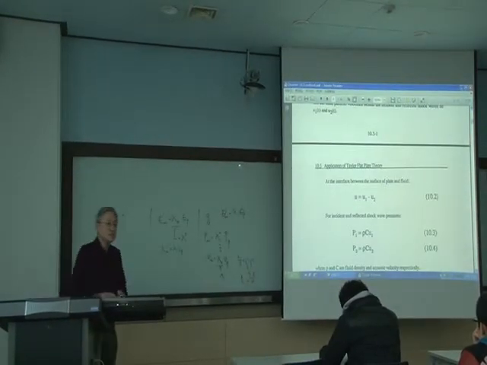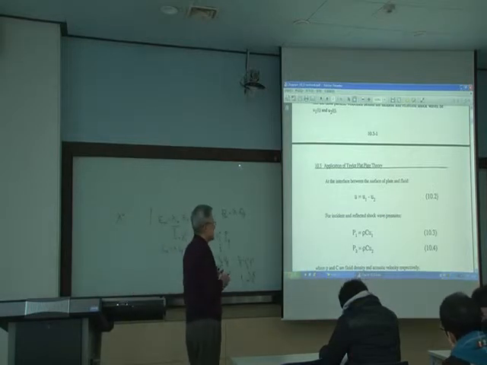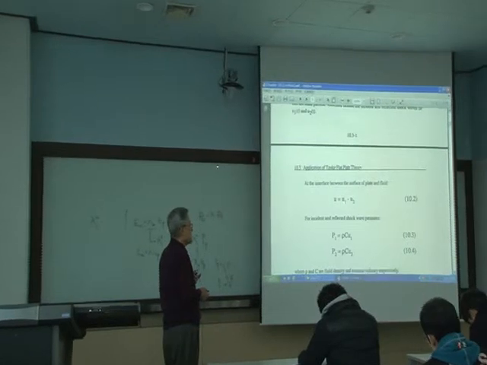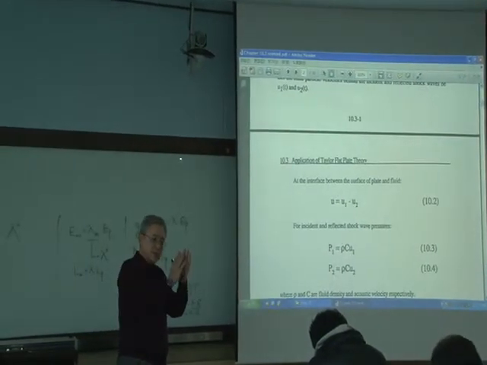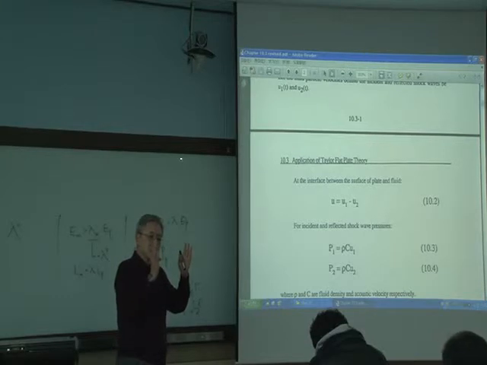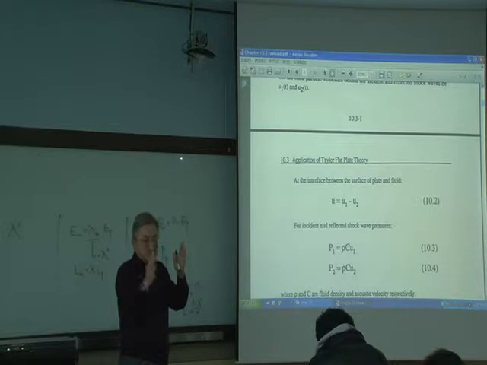Then U, the plate velocity, is equal to U1 minus U2, because U1 is the fluid particle velocity associated with the incident shock wave, and U2 is associated with the reflected shock wave.